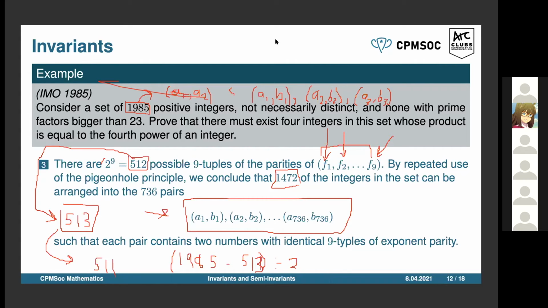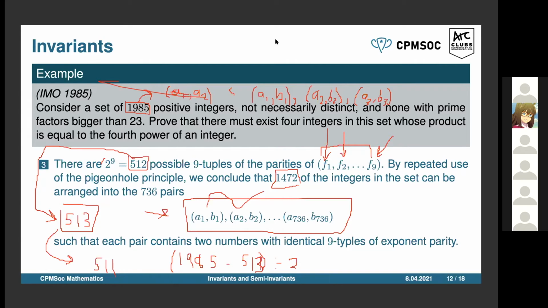And if you look at these 736 pairs, both numbers in every pair have the same 9-tuples of parities, F1, F2 up to F9.